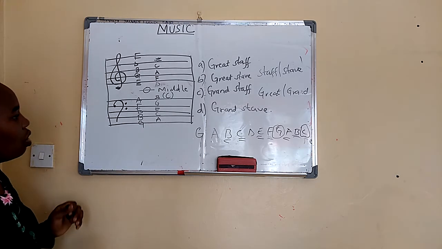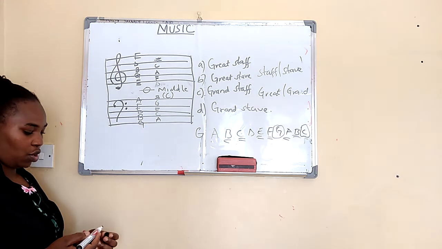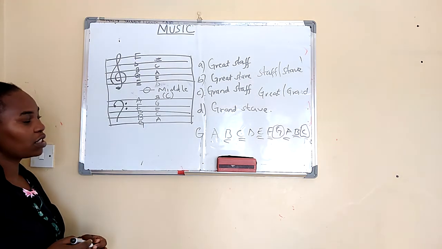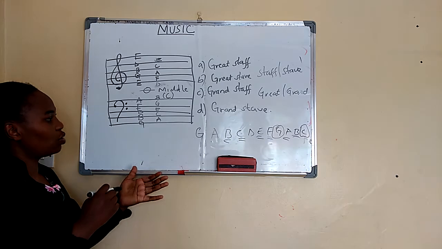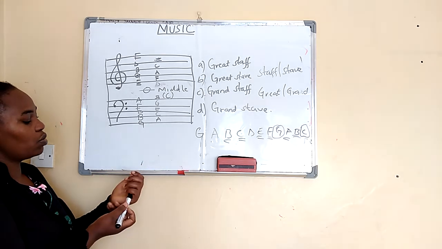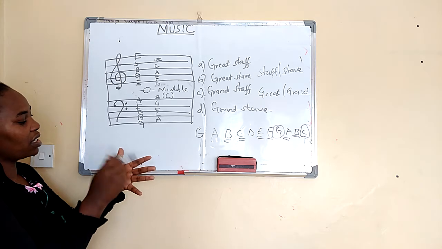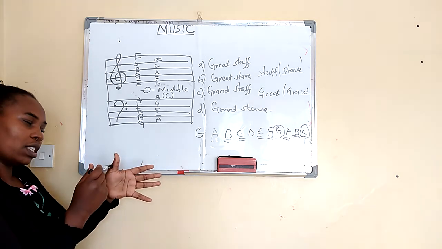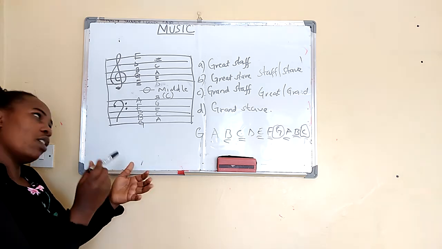Now, on the F staff, this is what I usually use to help me remember the lines. So F staff, you are going to start by saying, good boy drinks Fanta always.